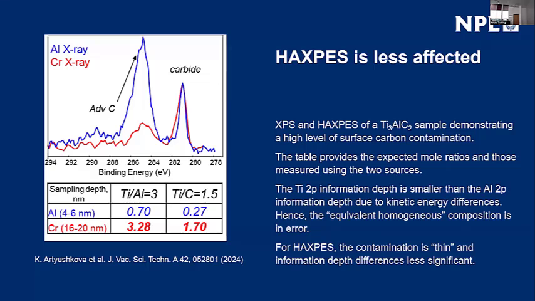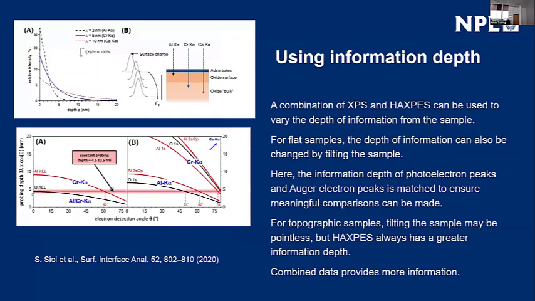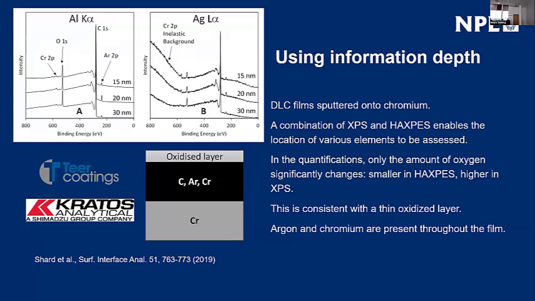And it also, if there's carbon in the sample, can cause real problems. But if you have a HAXPES source, you're looking much more in the bulk, and the contribution of the contamination is much less. I'm going to skip that slide.